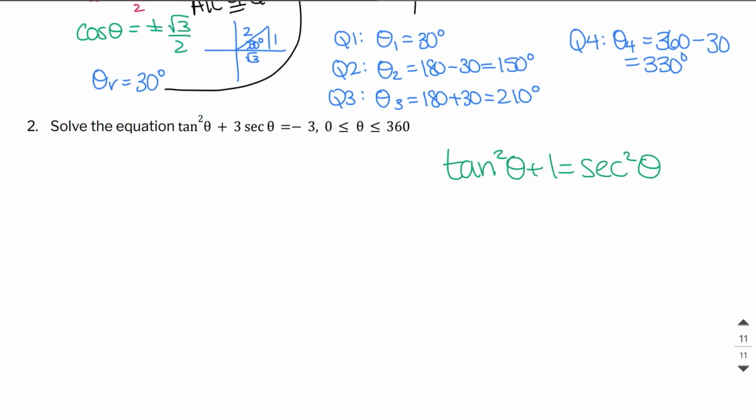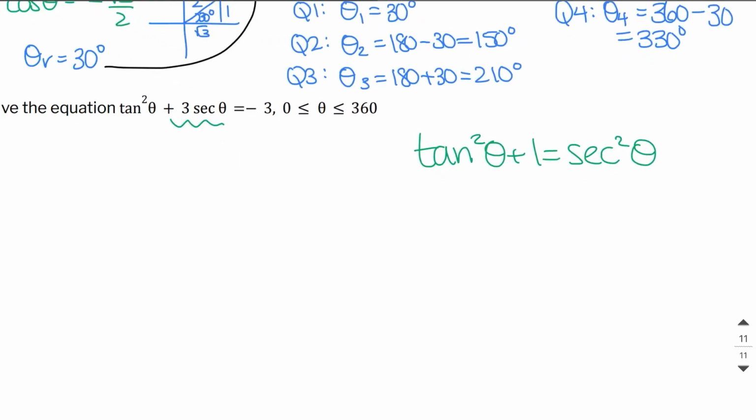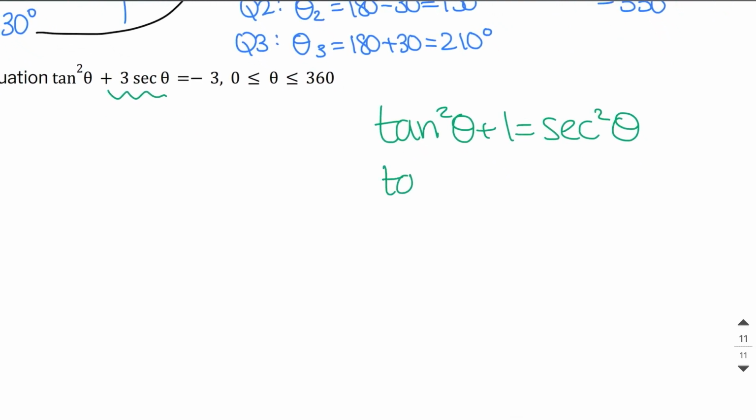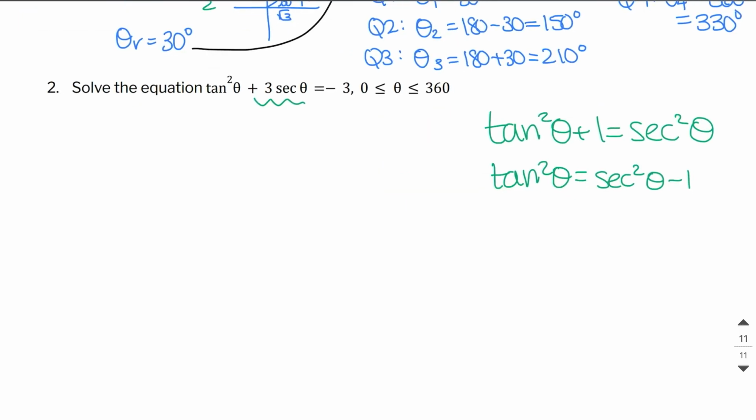We do not have an identity that uses just secant right here. So what I'm going to do is isolate this tan squared. So this is going to be secant squared theta minus 1. And now that I've done that, I can replace tan squared theta with secant squared theta minus 1, and then I can just copy the rest of this equation down.